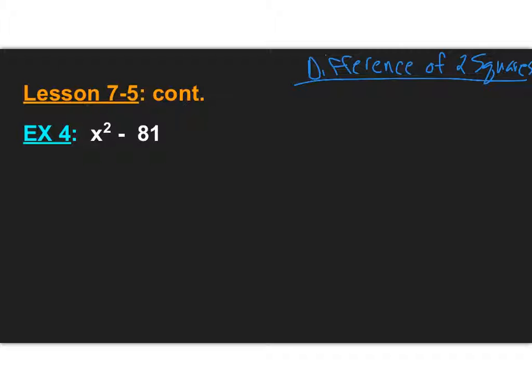And its factor pattern would be a squared minus b squared is equal to a plus b, a minus b.